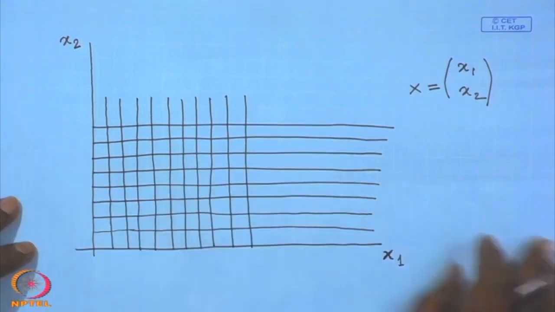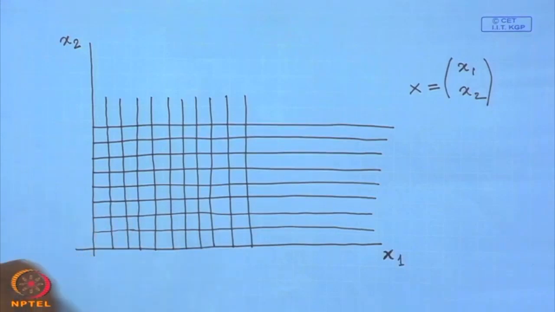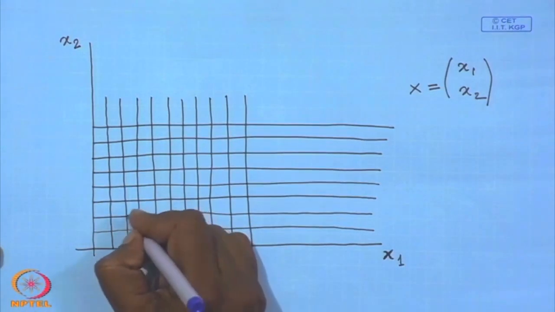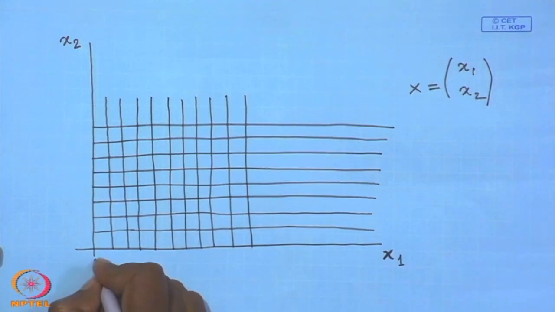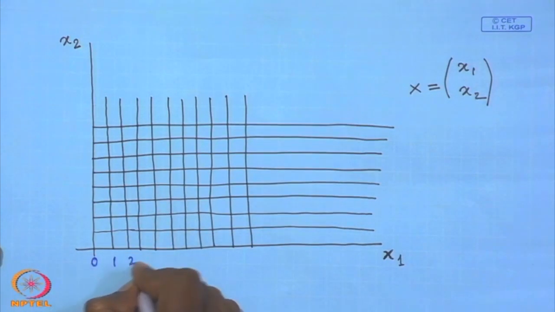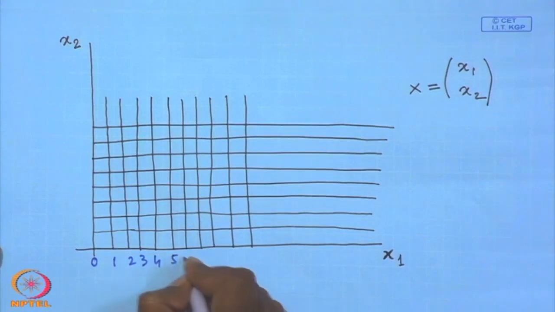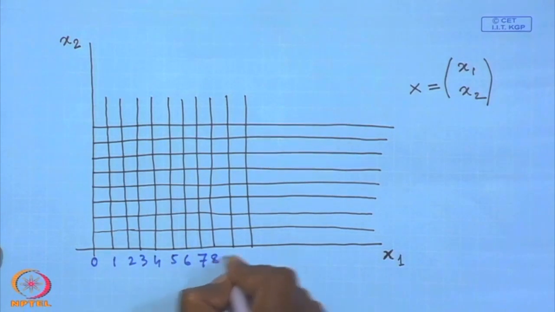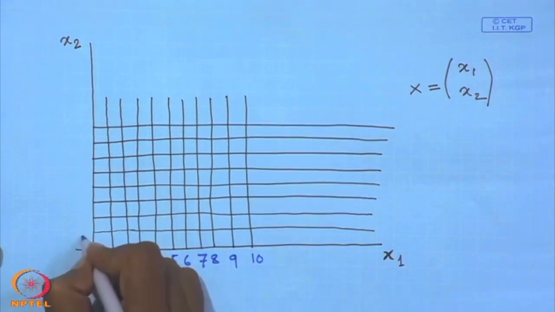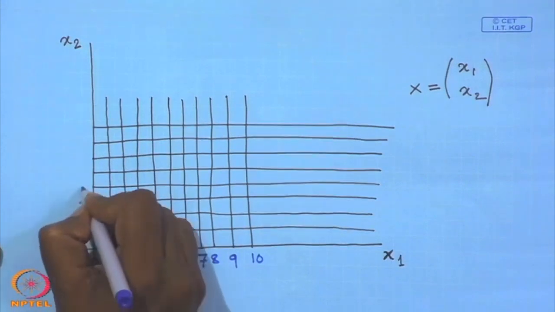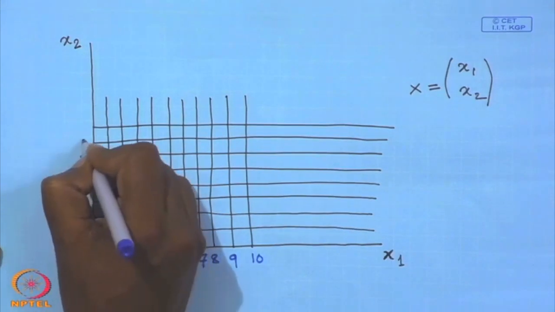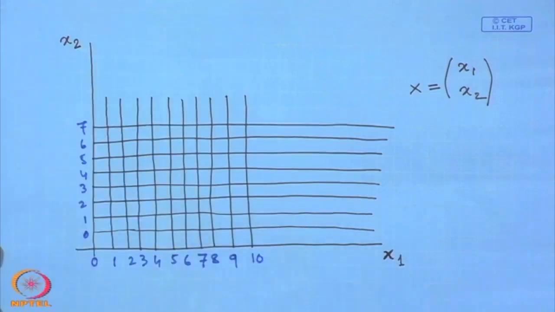So, these are the grids that I have, and suppose I have been given samples. Let us take some arbitrary samples. I will put it as 0, 1, 2, 3, 4, 5, 6, 7, 8, 9 and 10, and 0, 1, 2, 3, 4, 5, 6, 7 and so on.